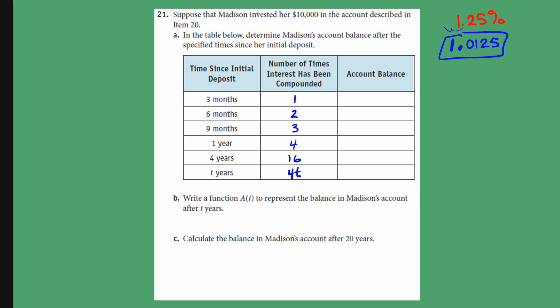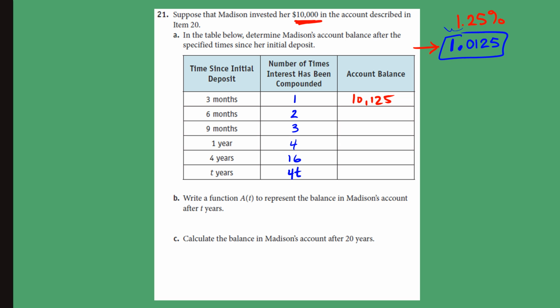So if we want to do the account balance, we're going to take our original 10,000, and then for this first year, we can multiply it by 1.0125 growth rate. So make sure you understand where all these pieces are coming from. And we'll end up with 10,125. And then I can just keep using that growth rate as long as we're going by 1 compounding at a time.